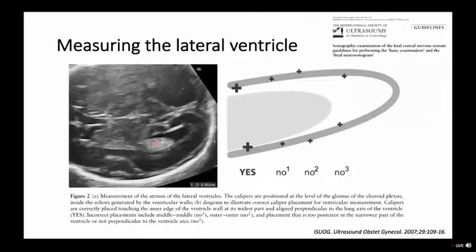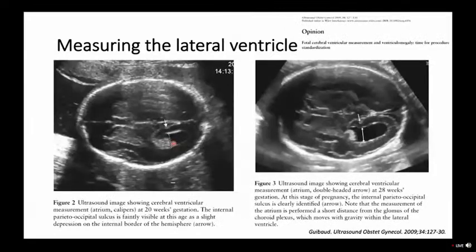If I go back, you can actually see, here's the internal parieto-occipital sulcus. This measurement is actually not done correctly. It should be over here and a little bit further to the right of the screen in line with that anatomic landmark. So just a little bit of OCD-ness and attention to an important measurement.